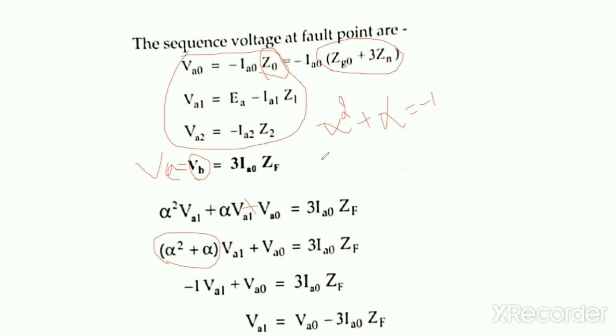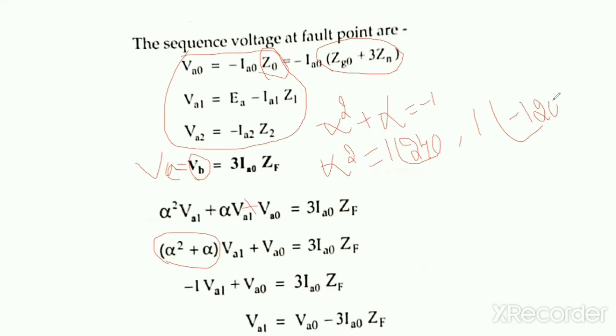How is it obtained? What is the alpha square value? Alpha square is equal to 1 at an angle of 240, or 1 at an angle of minus 120.